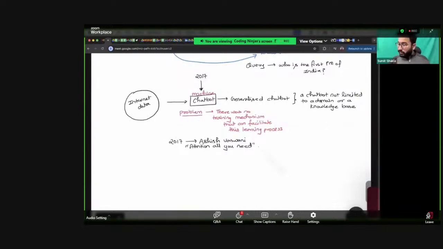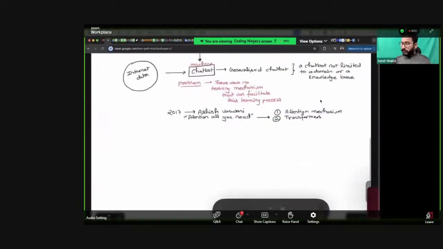So this paper introduced the mechanism that they were looking for to facilitate this learning process. This paper introduced two concepts. One was the attention mechanism, and second was the transformers. These were the two techniques which helped OpenAI, Gemini and every other company to start training their generalized chat model.